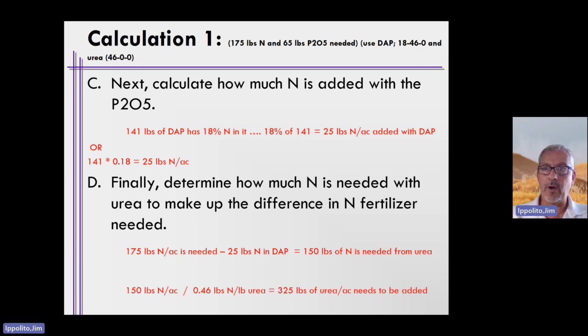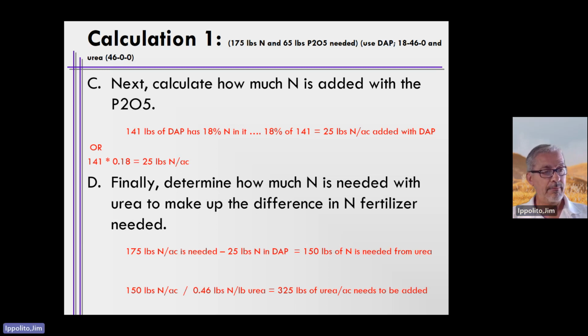Remember, you take the target application rate, which is 150 pounds of nitrogen per acre, and you divide that by the decimal form of the amount of, in this case, nitrogen in urea, which is 0.46. And that tells you that you need to add 325 pounds of urea per acre to meet the overall demand of nitrogen by corn.